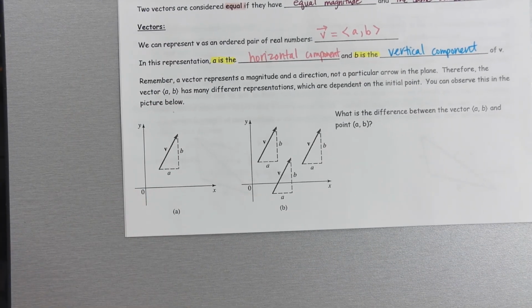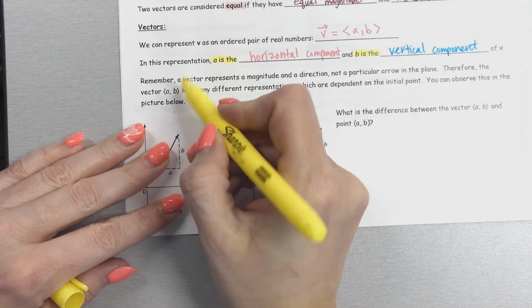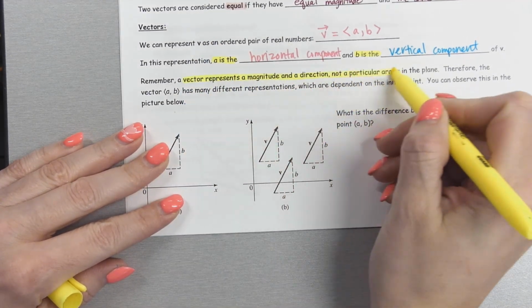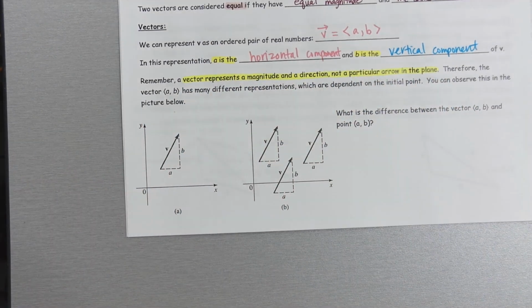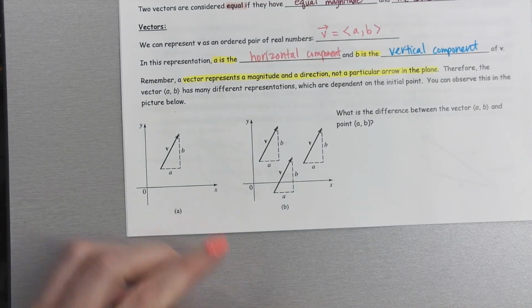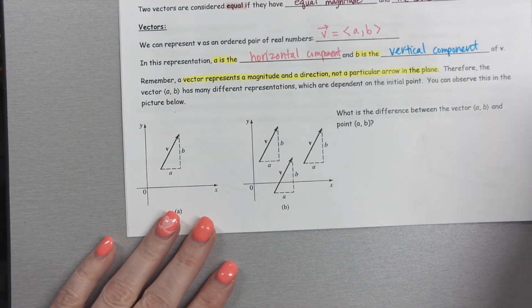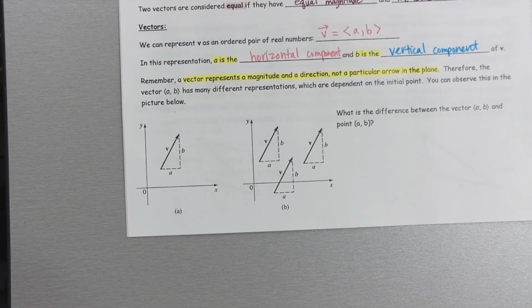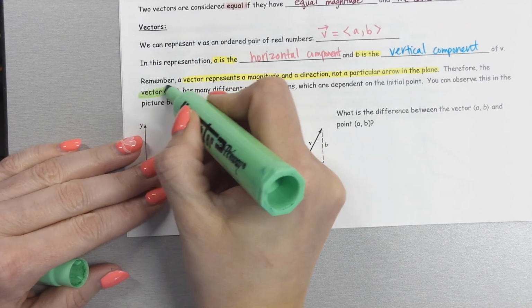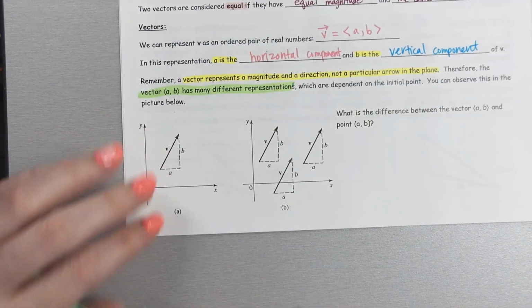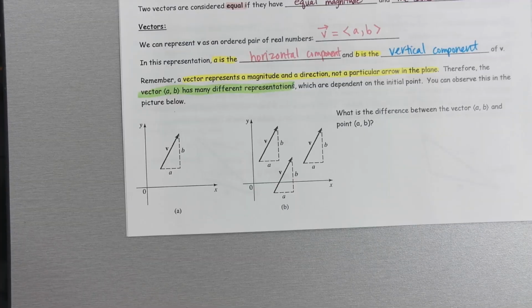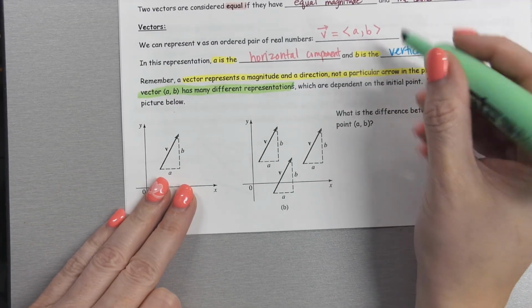So a vector represents a magnitude and a direction, not a particular arrow in the plane. So this vector has many different representations, and it depends on your initial point.